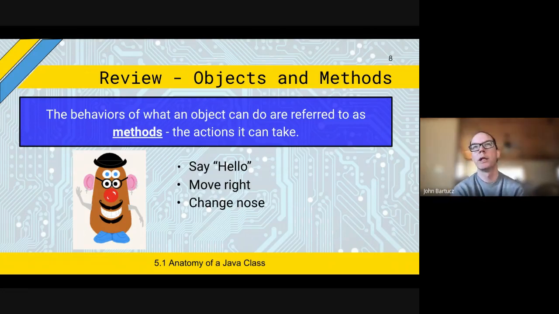Turn 90 degrees turns the turtle, right? So methods do something to the object. Sometimes I call them functions by accident because a lot of programming languages call them functions, but I'm supposed to call them methods in Java.